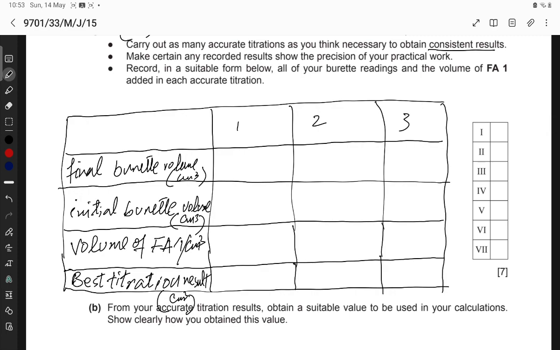So you are going to do as many titrations as it takes to get accurate values.